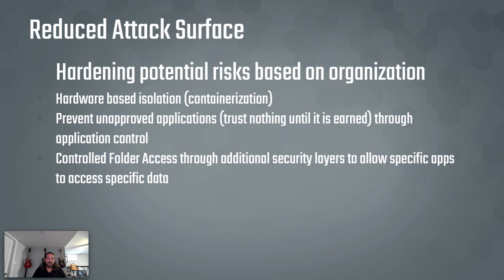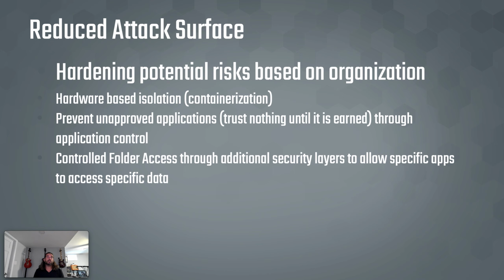Furthering the maturity of the endpoint security for level 3, there is reducing the attack surface that's possible. So hardening the potential risks that are based on an organization. For example, hardware-based isolation, so containerization of applications. Preventing unapproved applications, the zero trust model, through something like application control mechanisms.